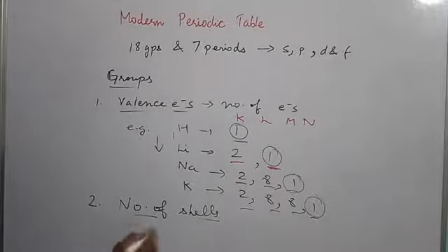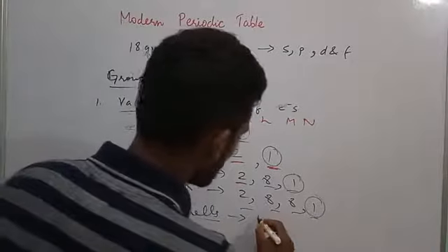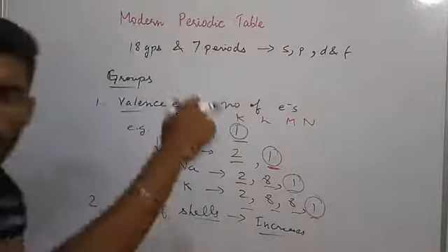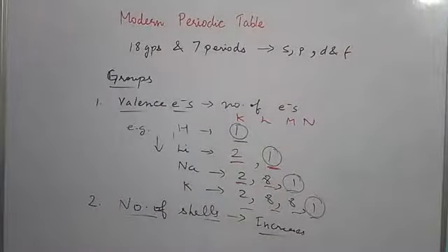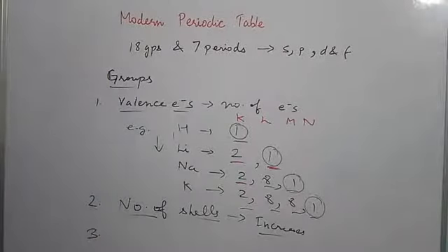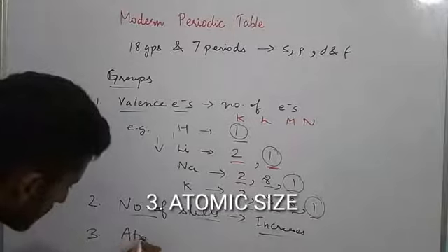So it means number of shells increases on moving down the group. Clear? Then third property with respect to a particular group is atomic size.